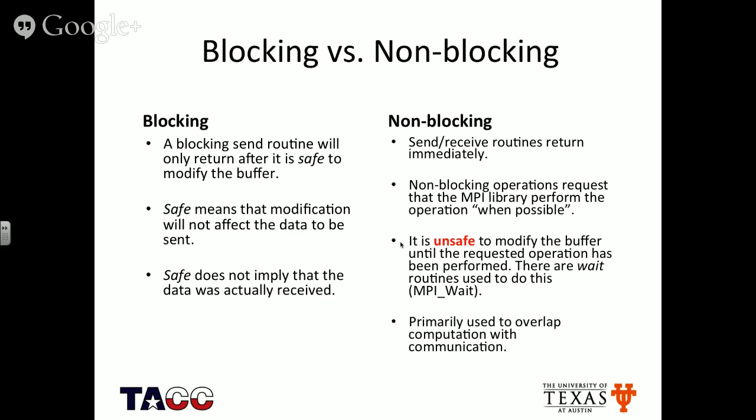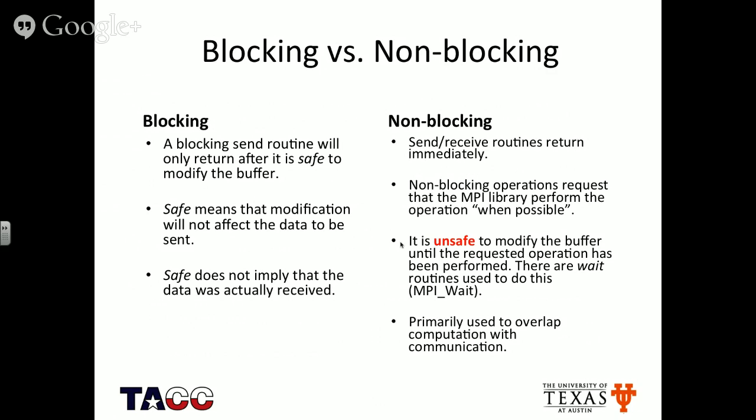Non-blocking means as soon as it sends the message, it returns and you can do whatever. But you're not guaranteed that the data you sent is safe to change. And non-blocking receive means the same thing: I've received some data, but you're not guaranteed until you check that that data is safe to use.